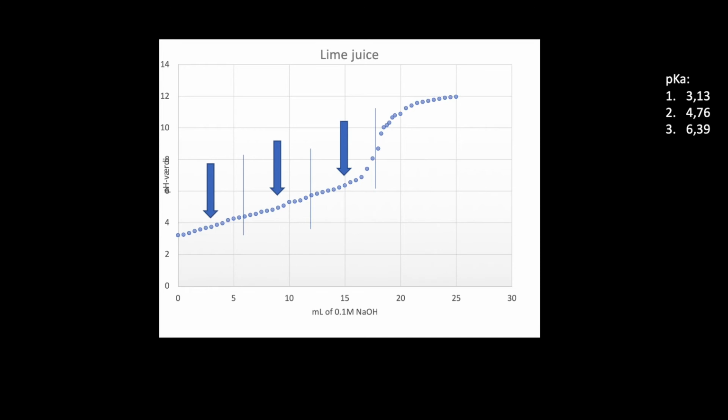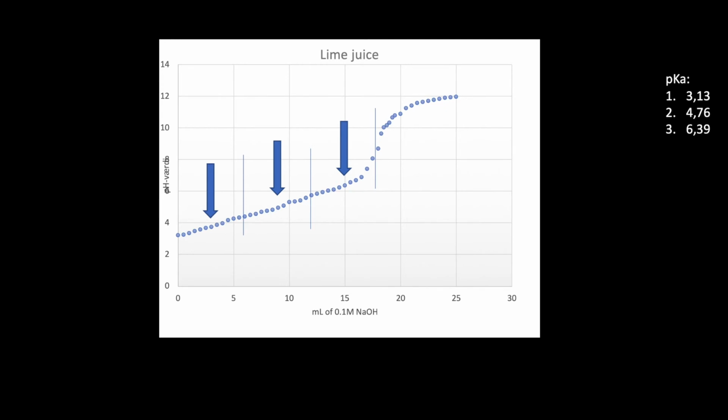It was supposed to be 0.5 milliliters every time, but it could have slipped just a little bit. So that might explain the different pKa values, but they are very, very close. And we can see the graph again. It looks very much like the citric acid.